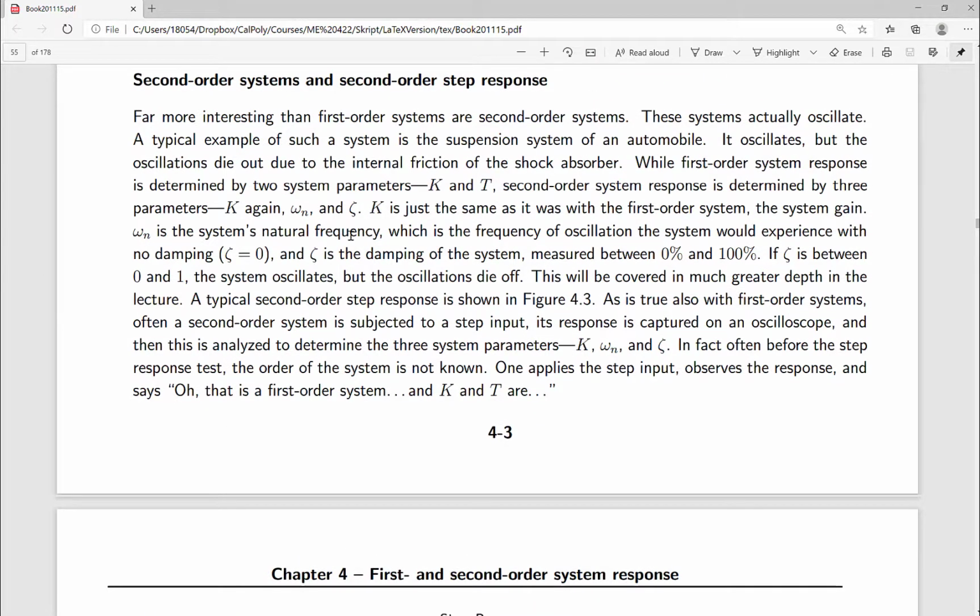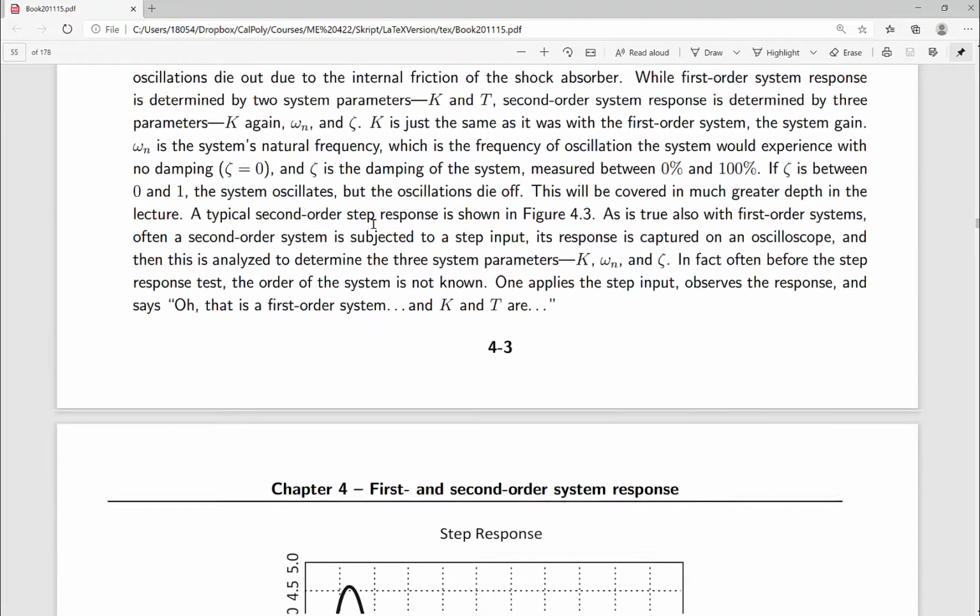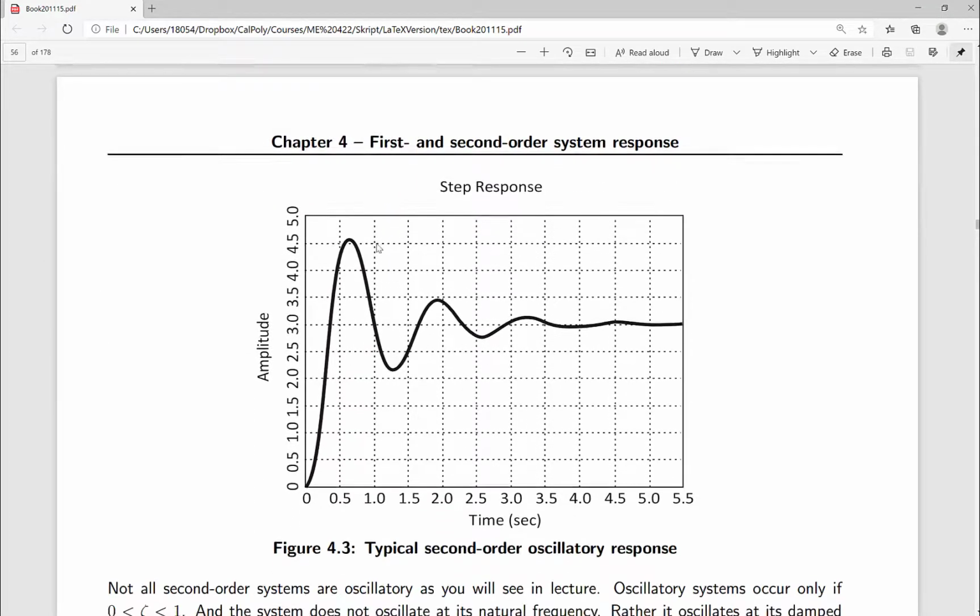Now the other two parameters, omega n and zeta, are tied in with each other. Like I said in the last video, the frequency that we're seeing here is not the natural frequency of the system. This system has damping. You can tell because the oscillations die off, and what causes those oscillations to die off is the damping of the system.